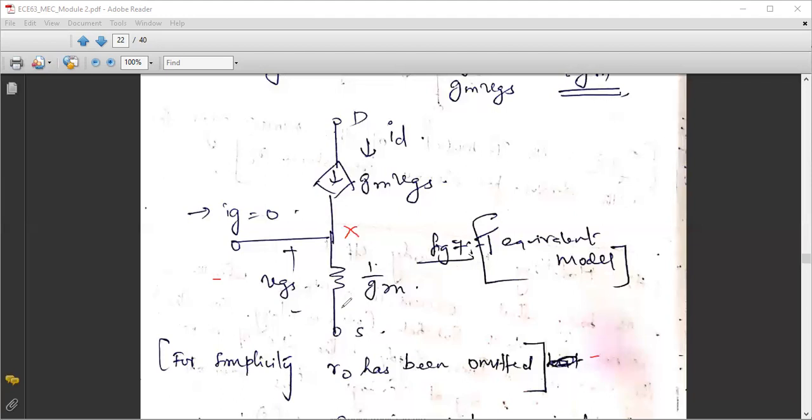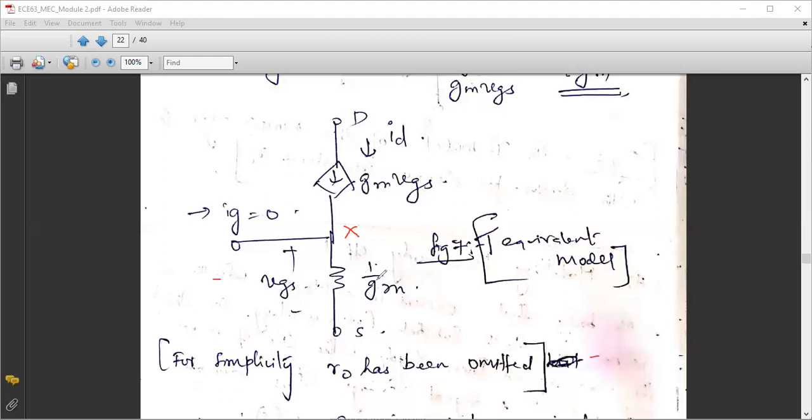So gm VGS is represented as the same current source between D and X, but between X and S, in the earlier circuit, I have that gm VGS, but that gm VGS I'm going to change and model it as a resistance value. So I'm trying to convert that voltage dependent current source by using a resistance. Always the voltage dependent current source will have a resistive effect. So that resistance effect I am trying to incorporate here, and the resistance value is 1 by gm.